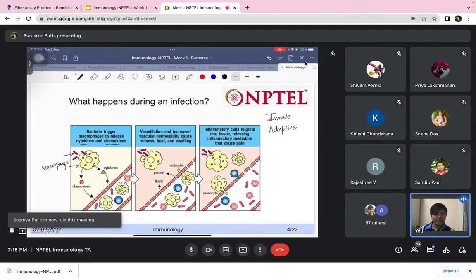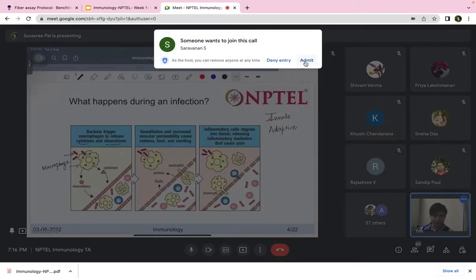The chemokines are the type of molecules, the chemoattractants. When there is an infection, these chemokines are released by some of the cells, and then they attract more and more immune cells to the site of infection.